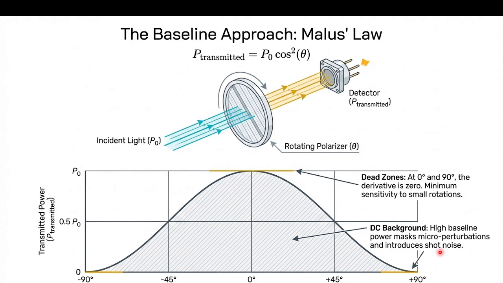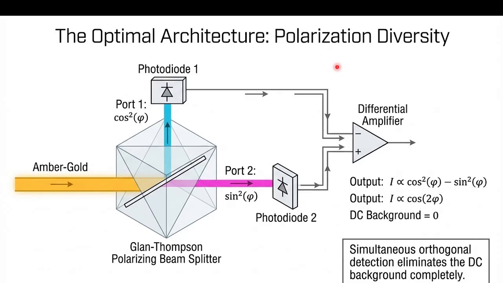So now we have discussed how we are going to sense the transmitted polarized light, or the incident light for the sensing application, through the rotating polarizer to the detector, and the detector will detect P transmitted. But again there is some problem with that.